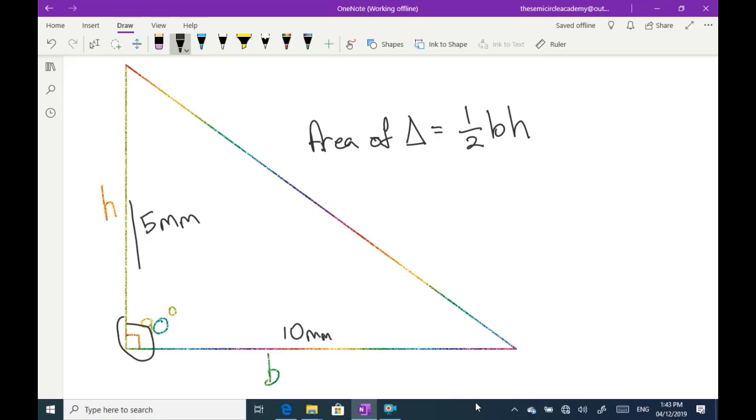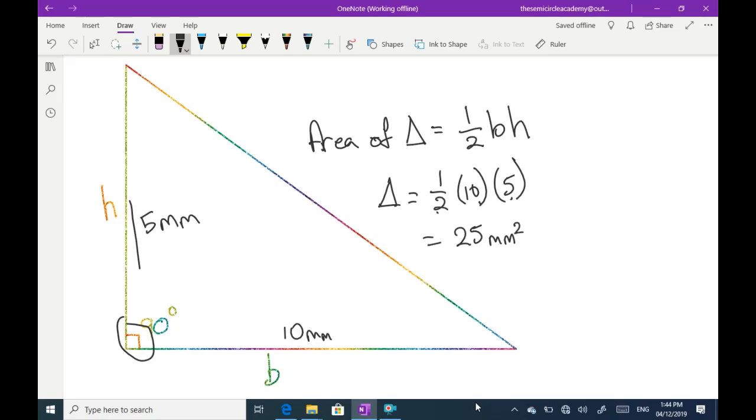So then the area of the triangle would be a half the base, which is 10 millimeters, times the height, which is 5 millimeters. So that's 10 times 5 is 50 divided by 2, which is 25 millimeters.